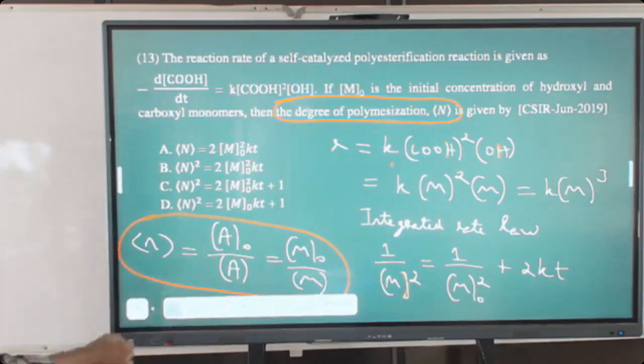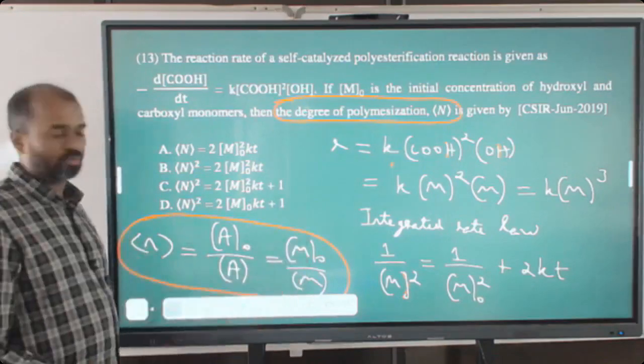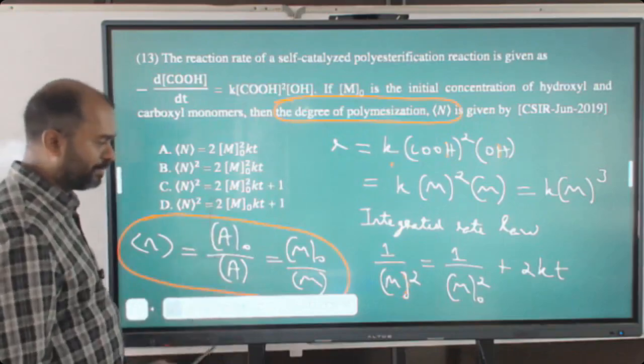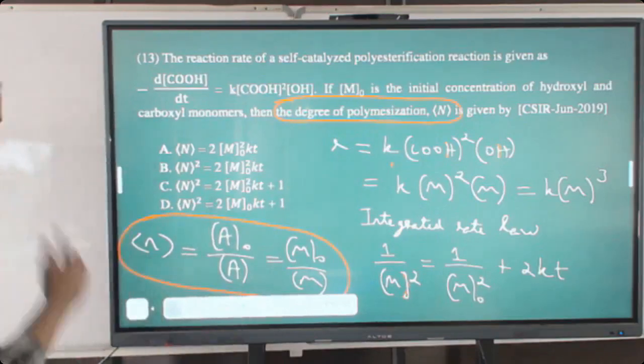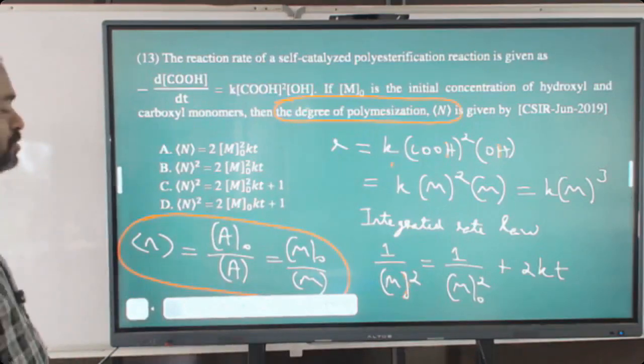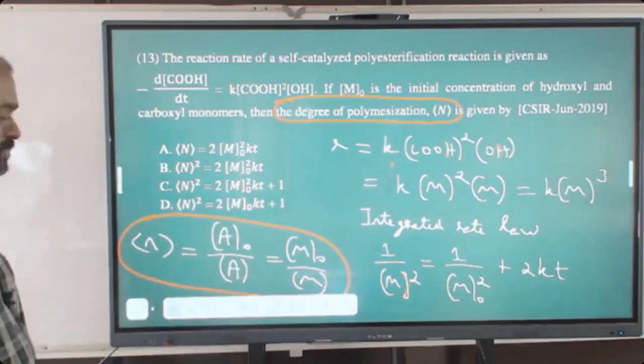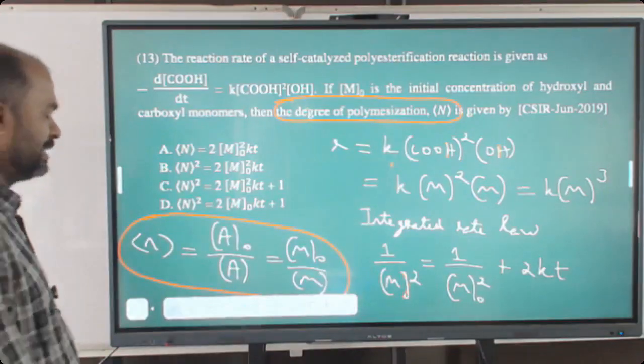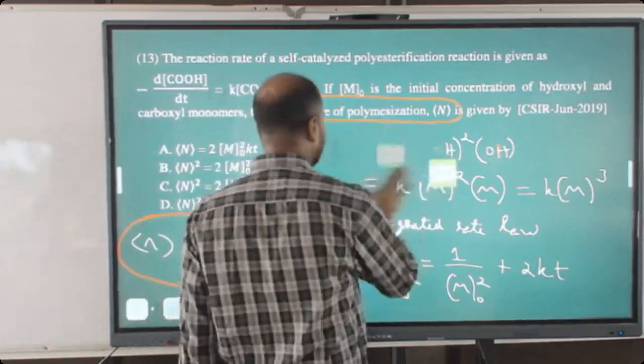We need to solve with M0 by M. Solve this equation to make M0 by M. What you have to do is multiply the whole equation with M0 square.